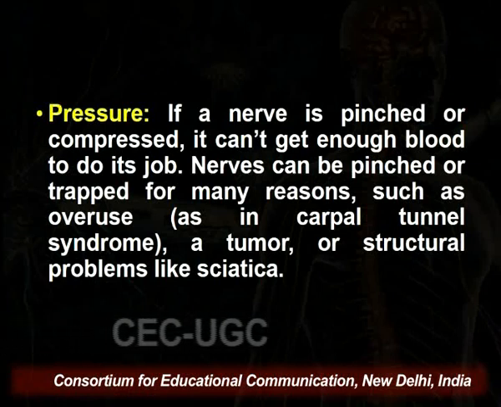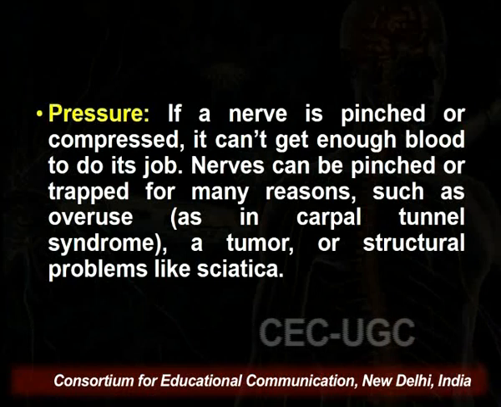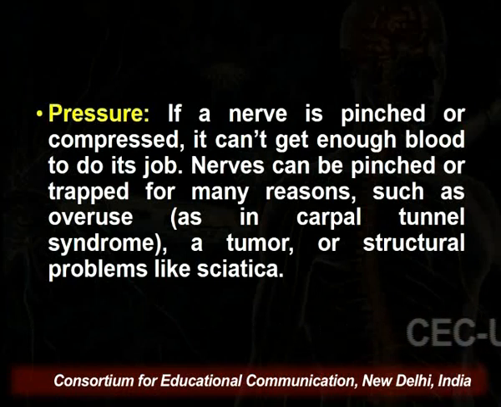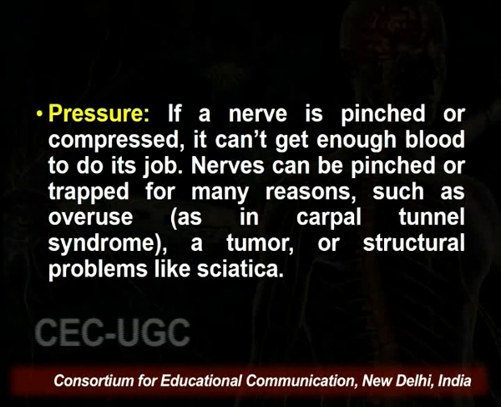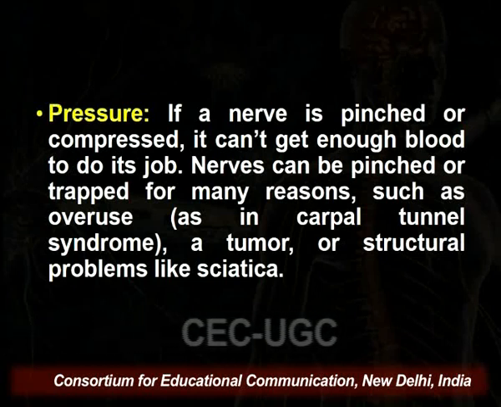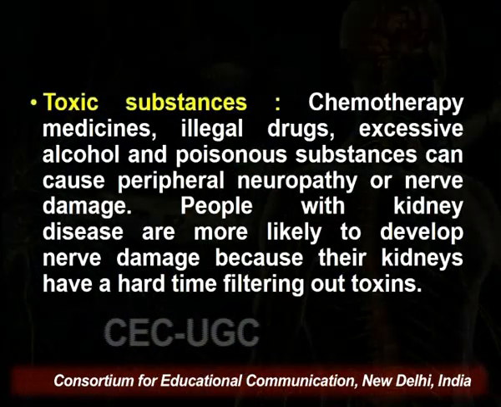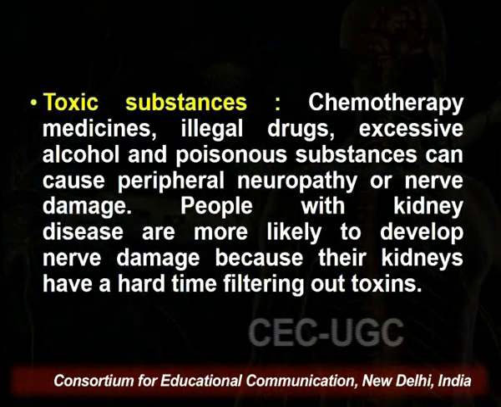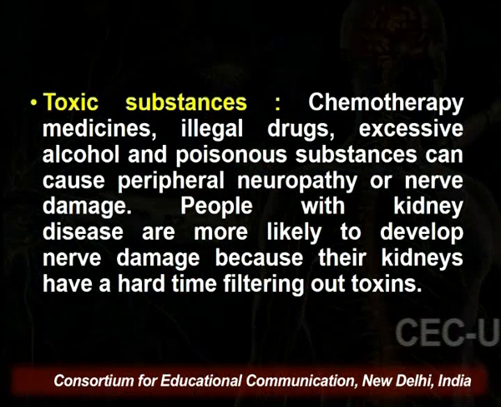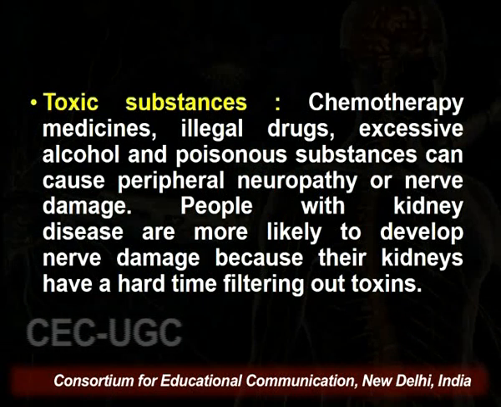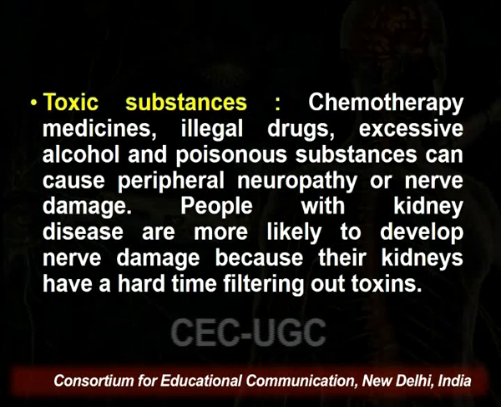So nerves can be pinched or trapped for many reasons, such as overuse, as in carpal tunnel syndrome, a tumor or a structural problem like sciatica. Then toxic substances: chemotherapy, medicines, illegal drugs, excessive alcohol and poisonous substances can cause peripheral neuropathy or nerve damage.